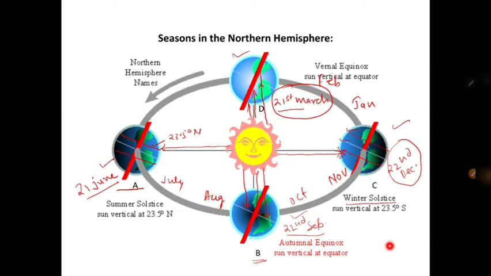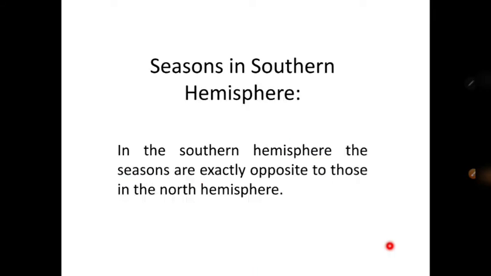When there is autumn in the northern hemisphere, there will be spring in the southern hemisphere, and similarly when there is winter in the northern hemisphere, there will be summer in the southern hemisphere.